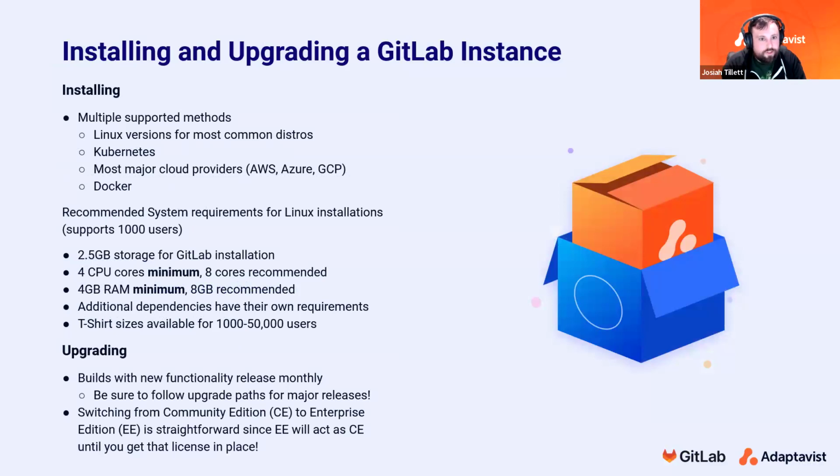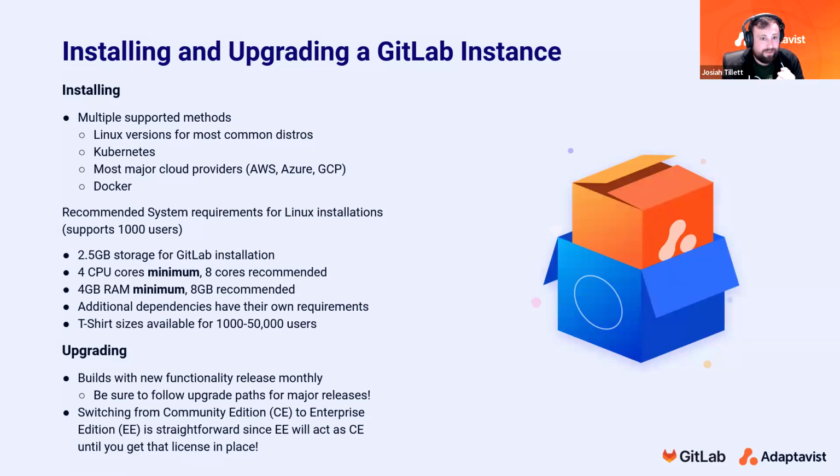So just quickly going over some of the installation, upgrading, and migration tasks over this next section. We'll run through these a little bit quicker just because it's pretty easy to digest information. Know that GitLab is available for many installation versions. You can install on Linux for most common distros.